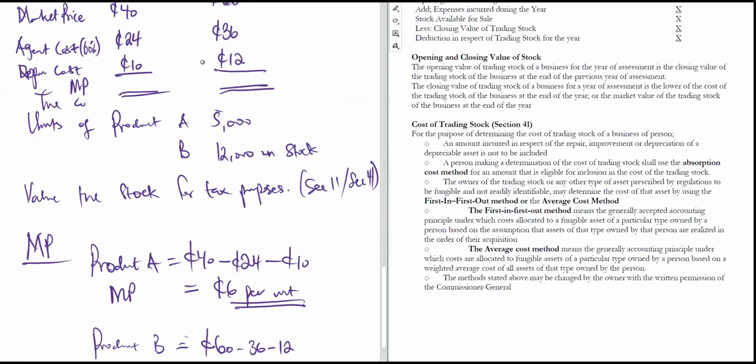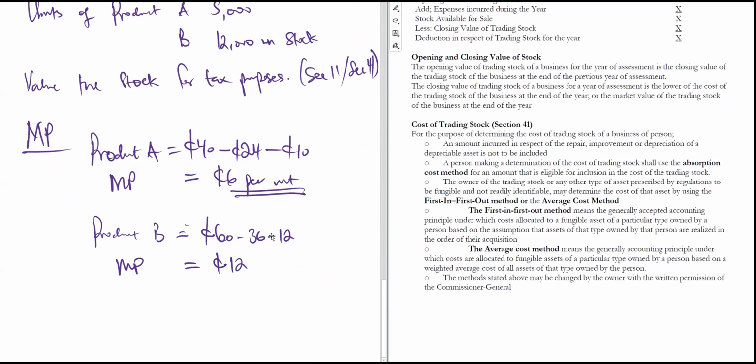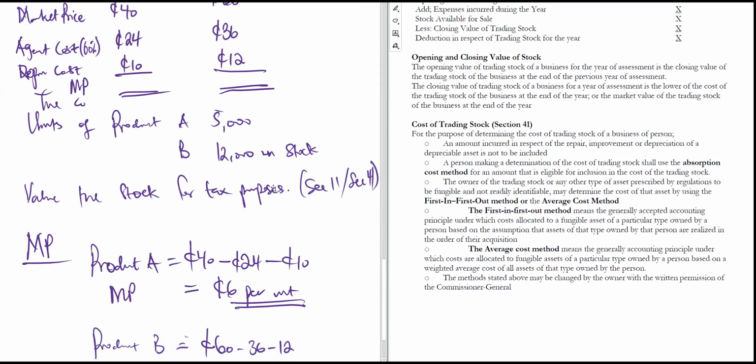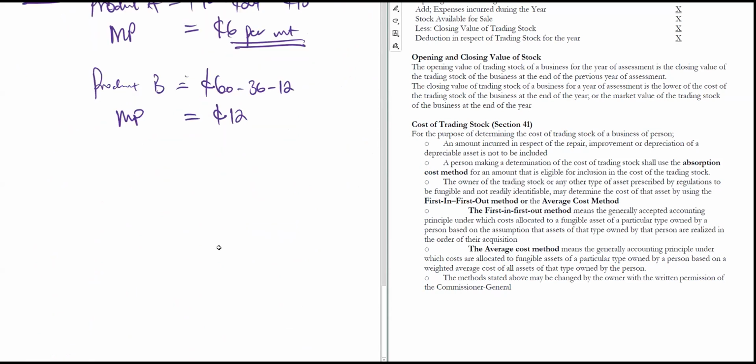Which one was lower? The market value, right? If you look at product B, the cost was 18. Market value we computed was 12, which is lower. Market value.